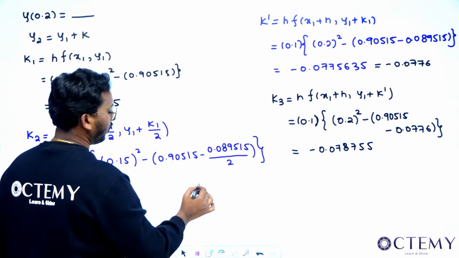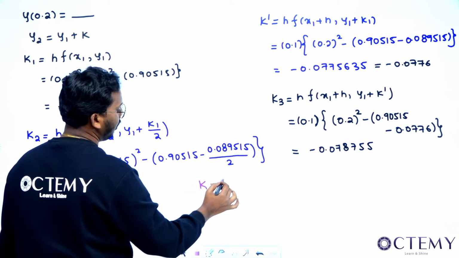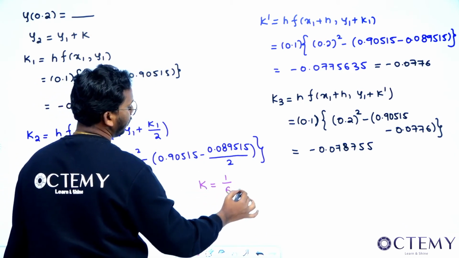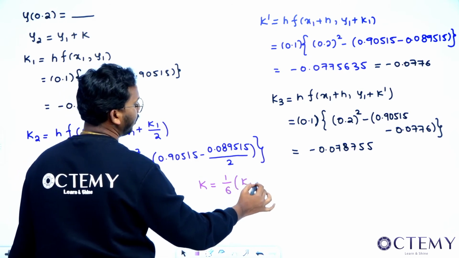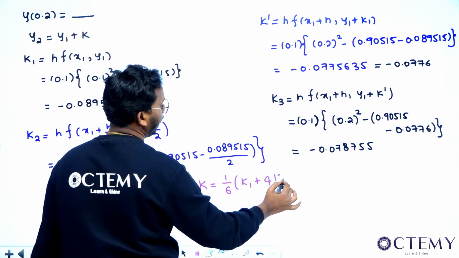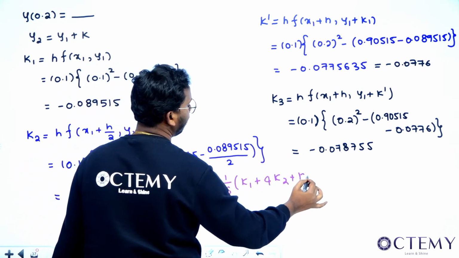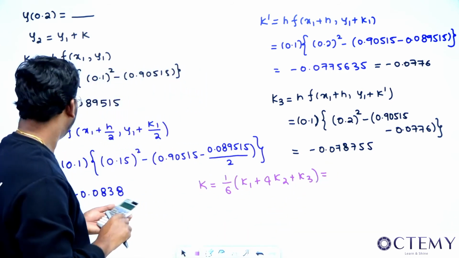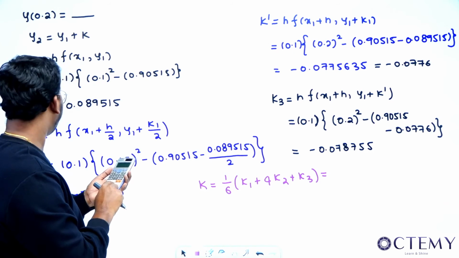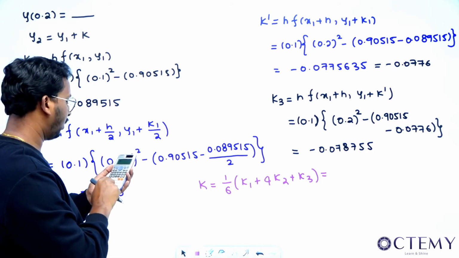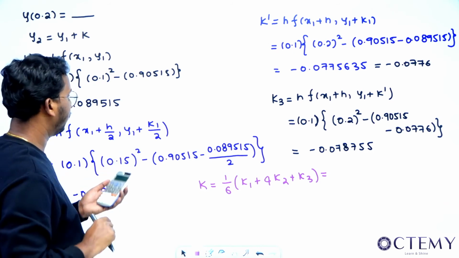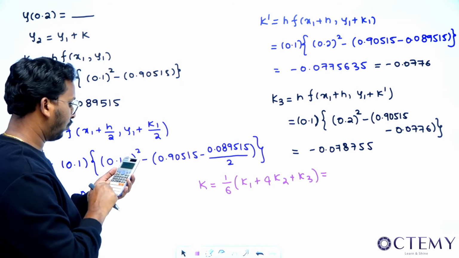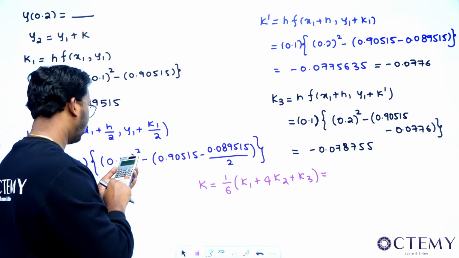Now let us find your K. What will be K, sir? Your K will be 1 by 6 times all these values: K1 plus 4 K2 plus K3. See sir, what will we get? K1 is minus 0.089515 plus 4 times, what is your K2?